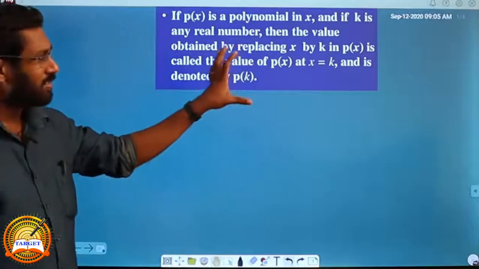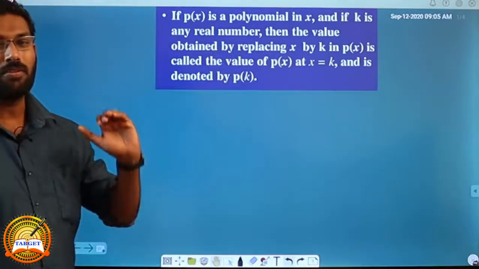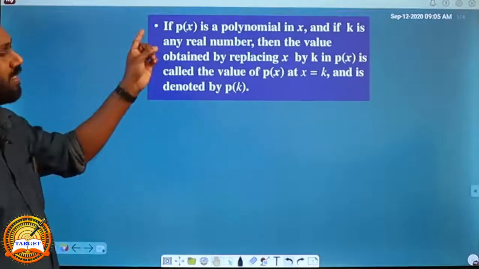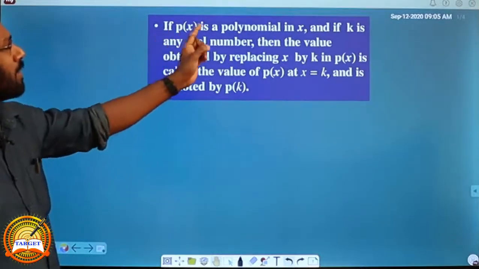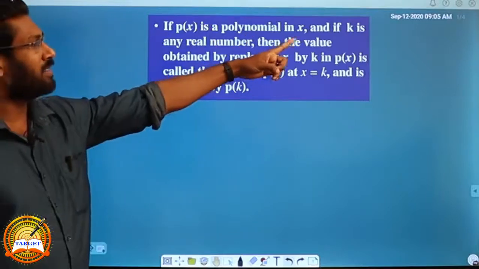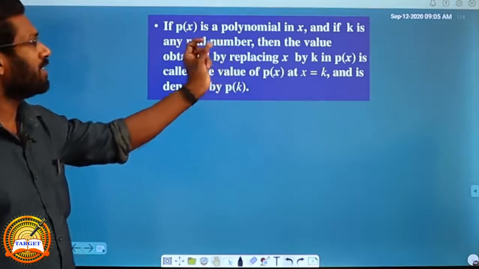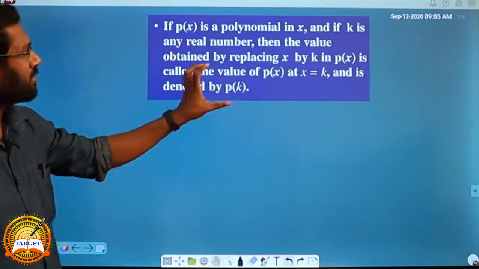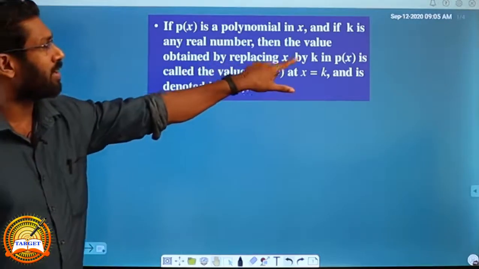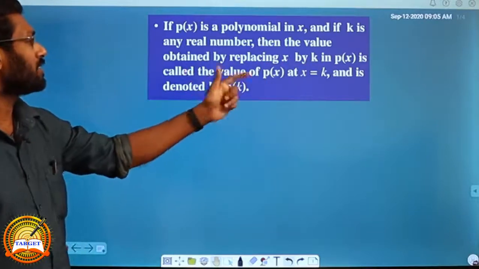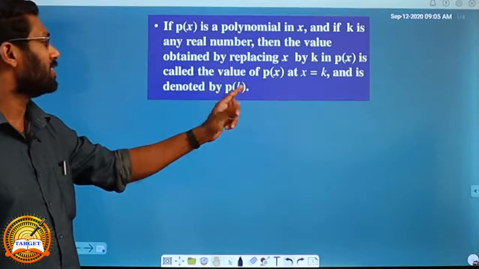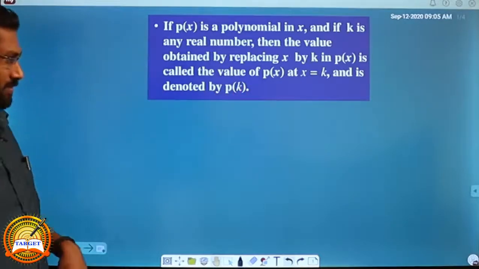So this definition is given for how we find the value of a polynomial.